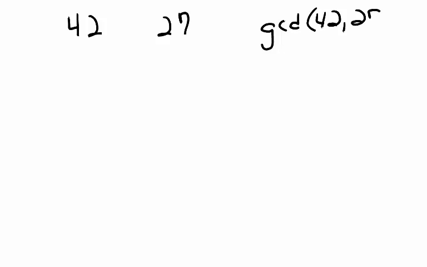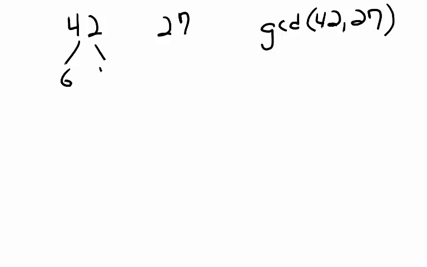Here's another example. Suppose we have the numbers 42 and 27, and we wish to find the GCD. We'll start by setting up our factor trees.